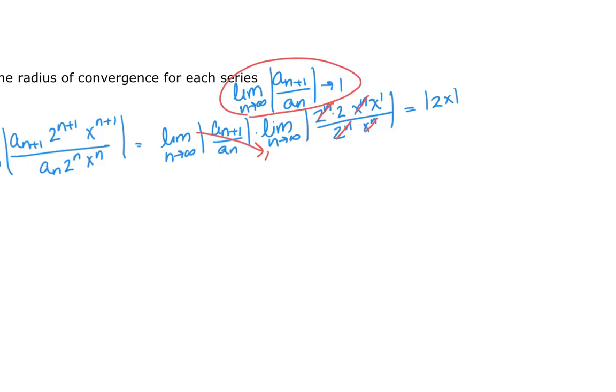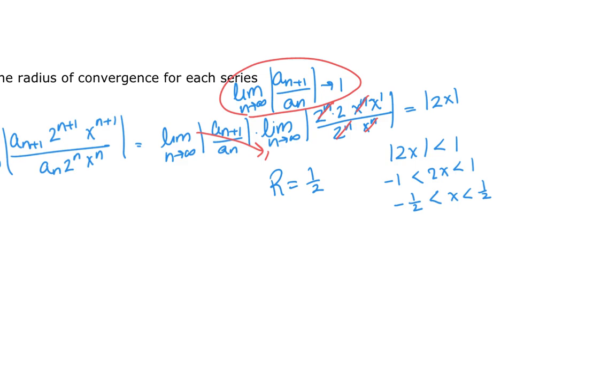For this to converge, the absolute value of 2x has to be strictly less than 1. Now, if I write this as a compound inequality, I get negative 1 is less than 2x, which is less than 1. Dividing everything by 2, I get negative 1/2 is less than x, which is less than 1/2. So what I have is my radius of convergence, my big R, is equal to 1/2.